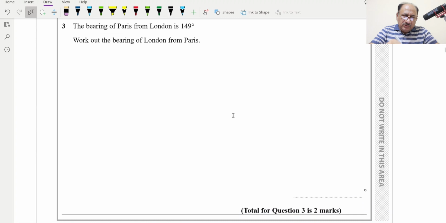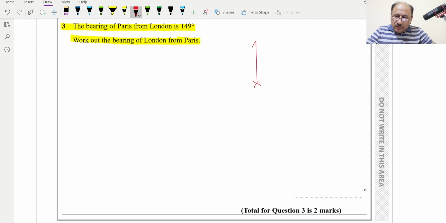Then question number 3 says the bearing of Paris from London is 149 degrees. Work out the bearing of London from Paris. So we can show the bearing, for example, if this is a point, and this is the north, and this is the location for London, and we can take Paris.